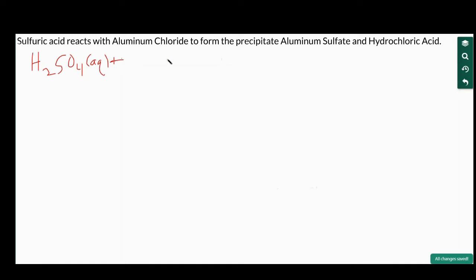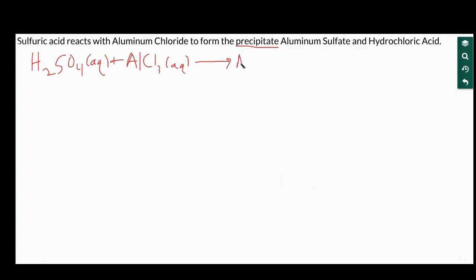And if we have a precipitation reaction, which we can tell from the word precipitate, it is likely that both of the reactants are aqueous. Aluminum chloride, AlCl3, is most likely also aqueous.